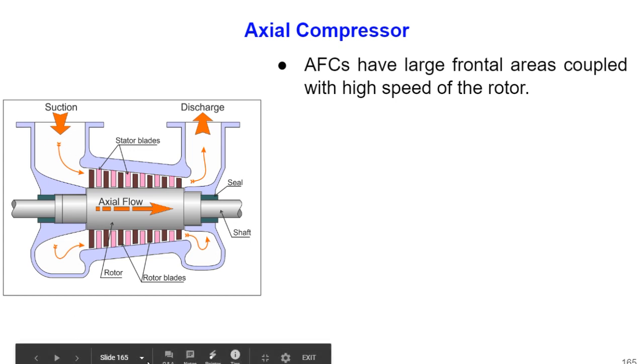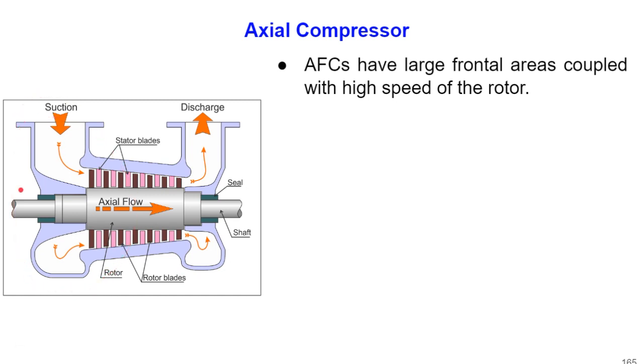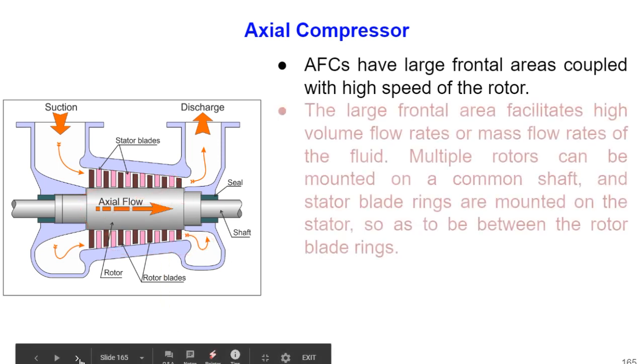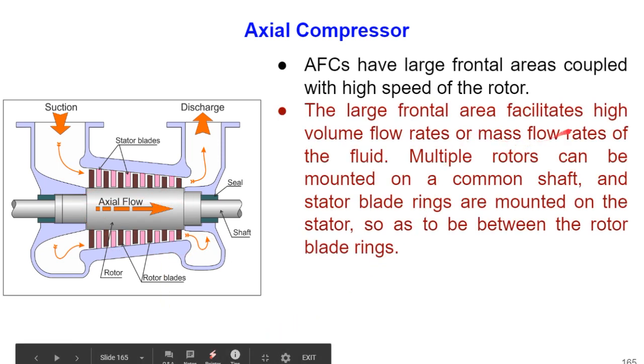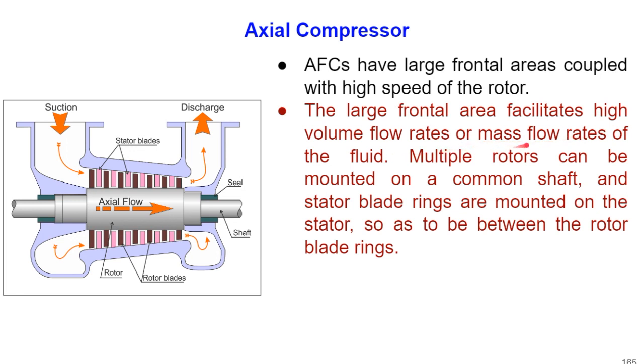If you see, it has a large frontal area coupled with a high speed rotor. The large frontal area facilitates high volume flow rates, that is, mass flow rate of the fluid. Multiple rotors: this is the first rotor, second rotor, third rotor, which decrease in their radius. Okay, the high speed rotors can be mounted on a common shaft.